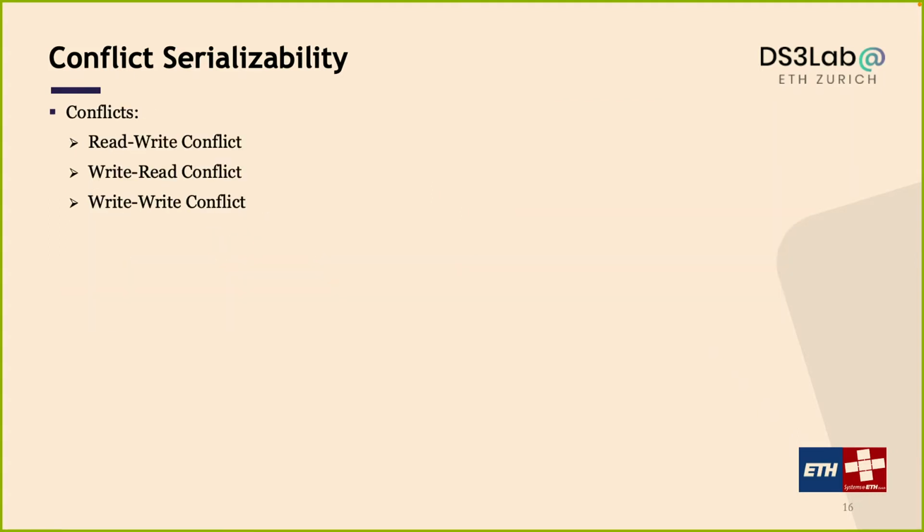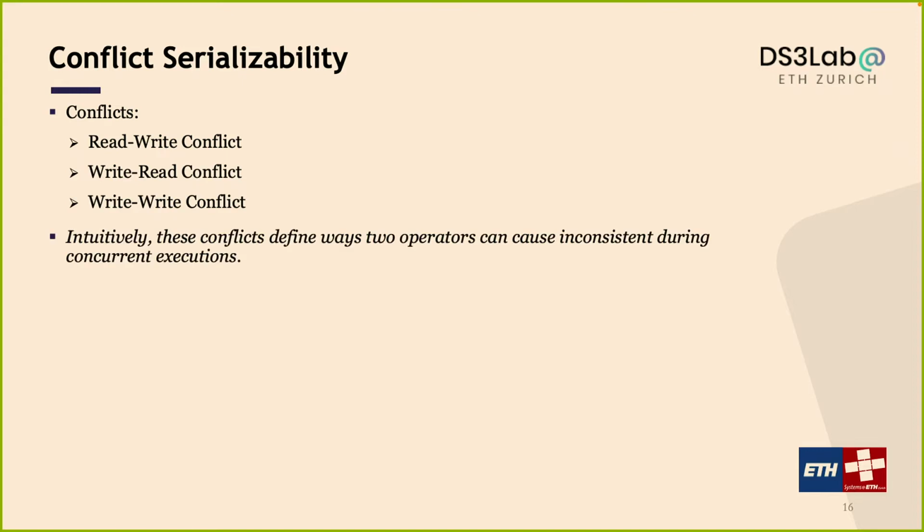So essentially, we define these three different notions of conflicts between pairs of operations. The high-level intuition is they define the ways that swapping two operators can cause inconsistency during concurrent executions. We say two schedules are conflict equivalent when the following hold.